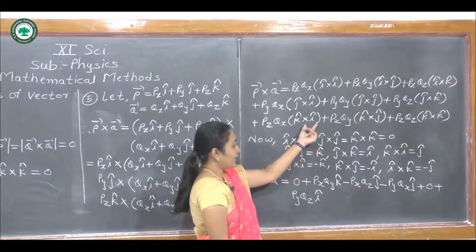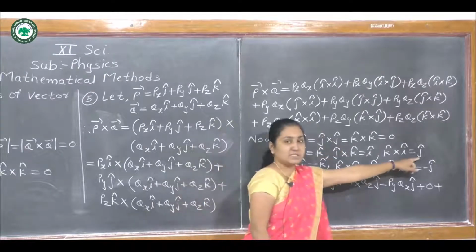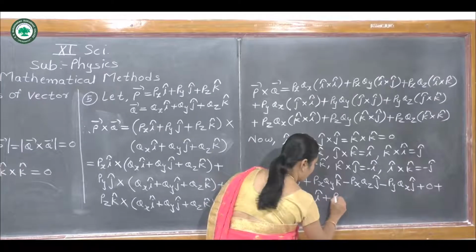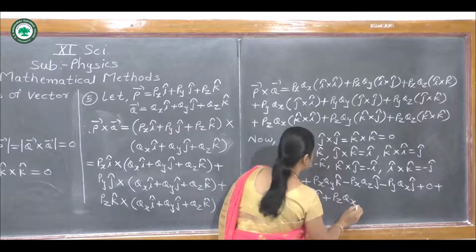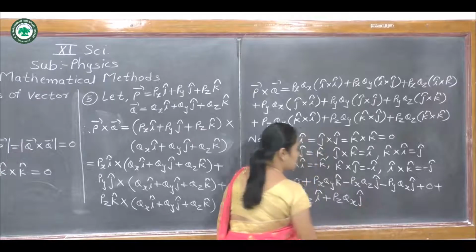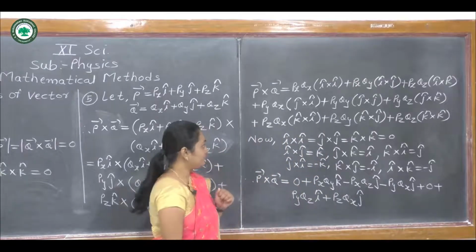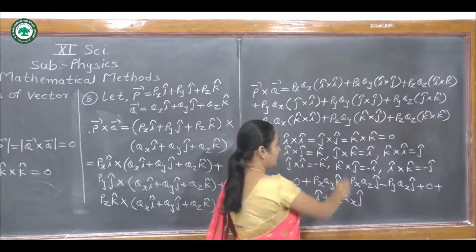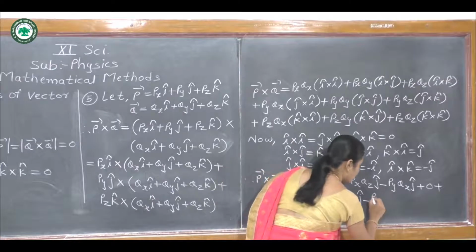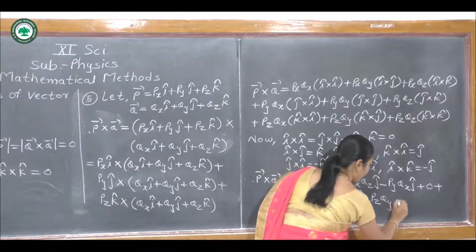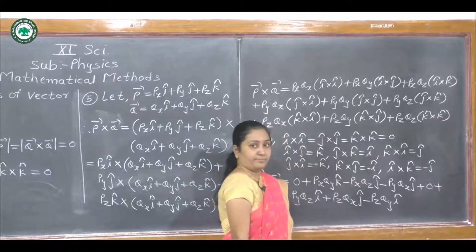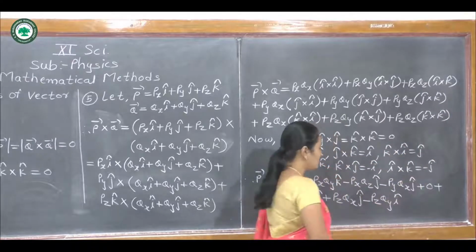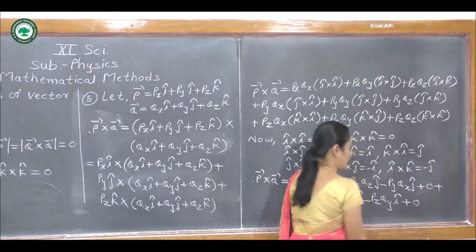Then k cap cross i cap is j, so here we can write plus pz qx j. Then k cross j is minus i, so here minus pz qy i cap, and k cross k is 0, so we get plus 0.